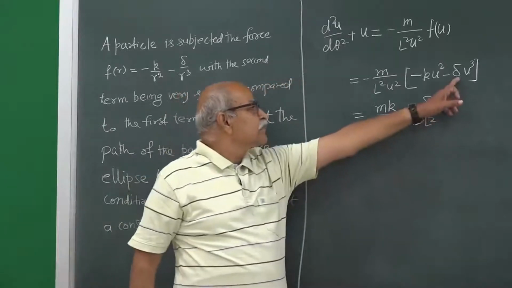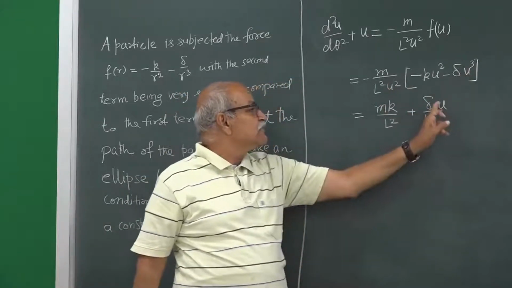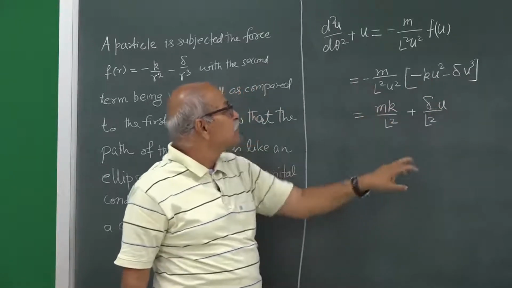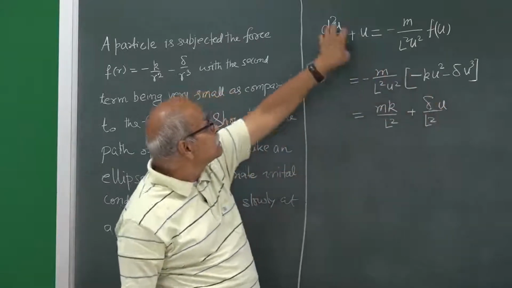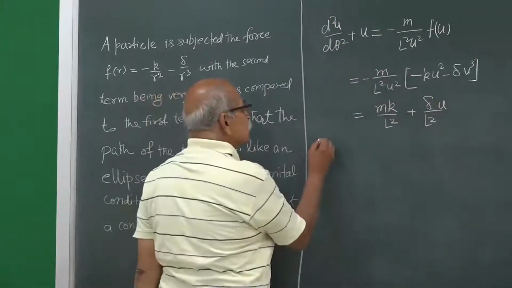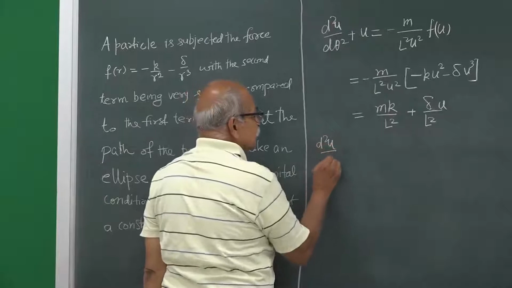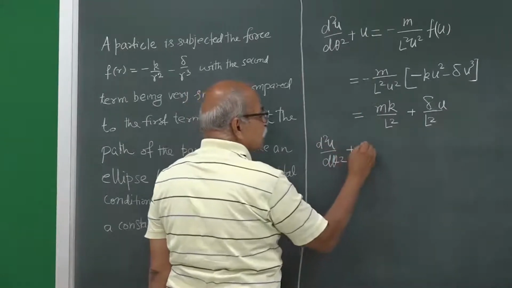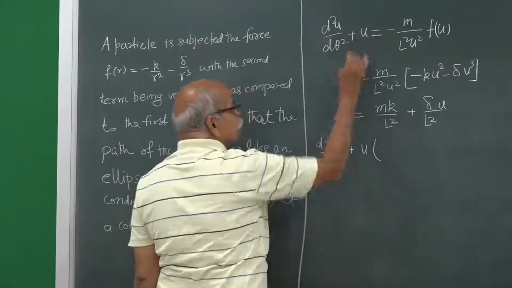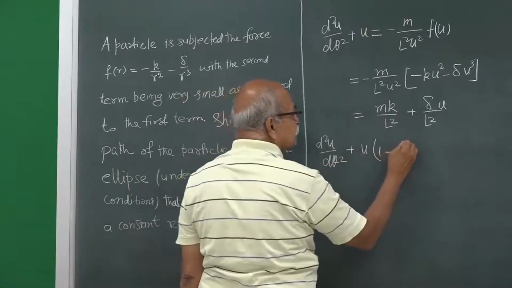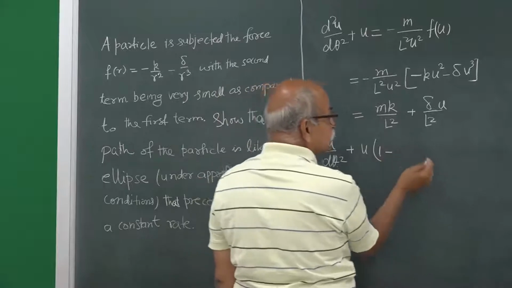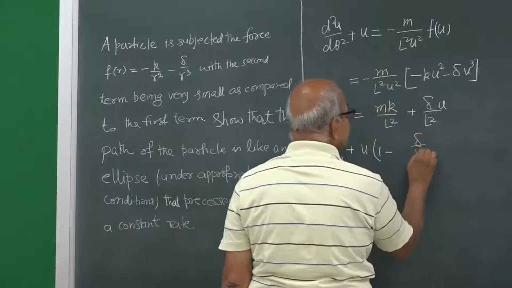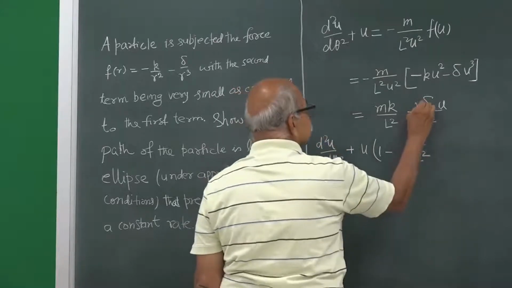This delta, then u square and u cube gives you u, and then L square here, by this minus is plus. Take this on the left hand side. So, you have d2u d theta square and then plus u, and then you have 1 from here and minus delta by L square here, and I have missed m here.